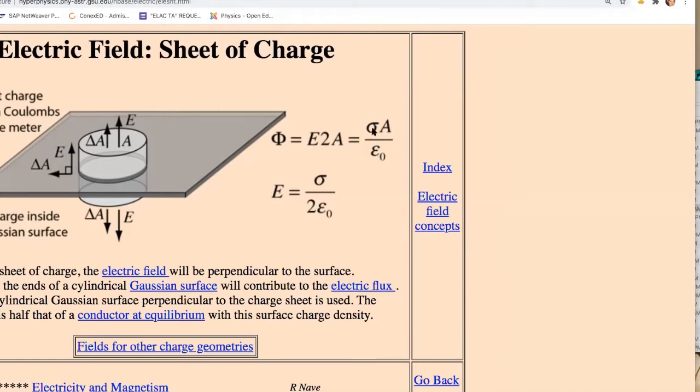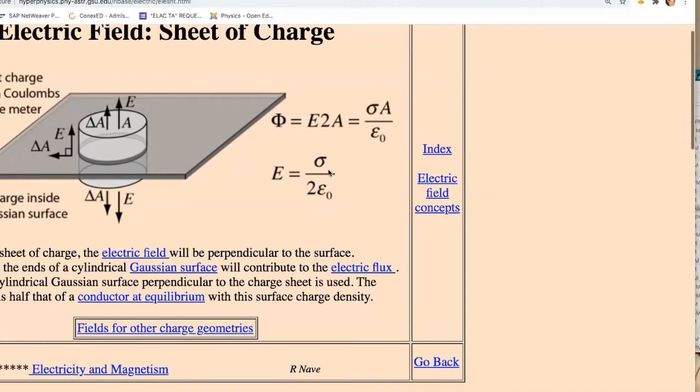They wrote Q as sigma A. I would have just written Q first, and then taken the 2A and brought it to the bottom, and then Q over A is the sigma. Because you look at this, where did the sigma first come from? But the final result is the same thing, sigma over 2E0.